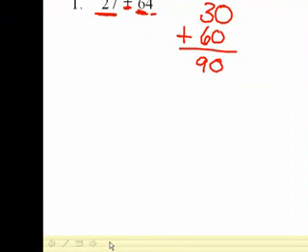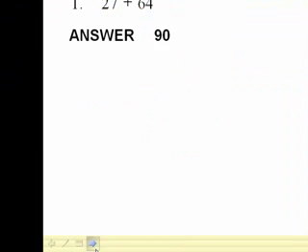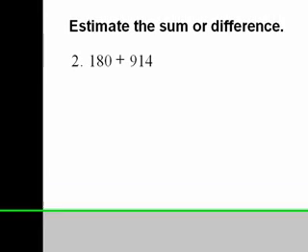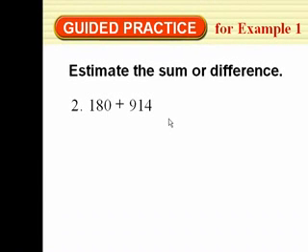Moving on to the next one. There's the answer. 180 plus 914. So I'm looking, they both have hundreds. So I'm going to round that leading digit. So 180, I look next door, and the 8 is bigger than 5, so it tells me to round that number up. So that's going to be 200.